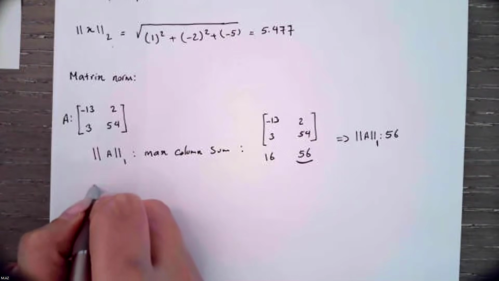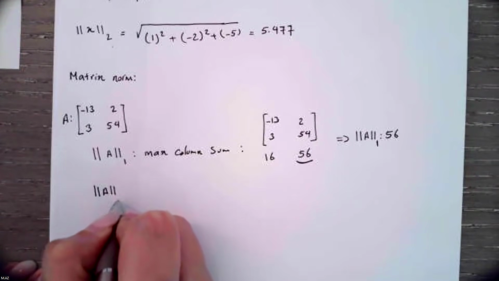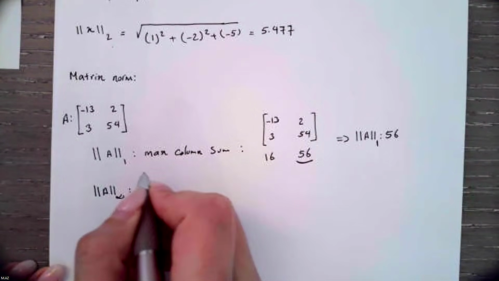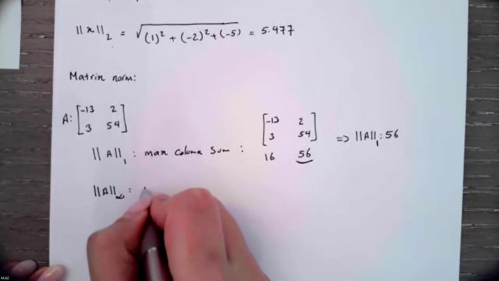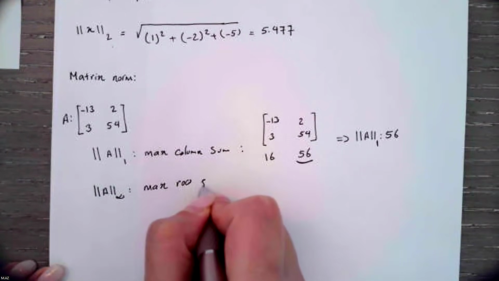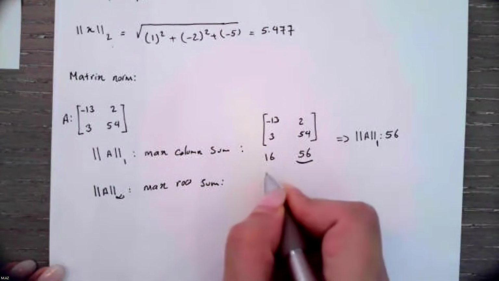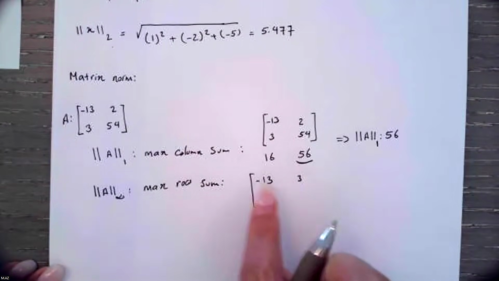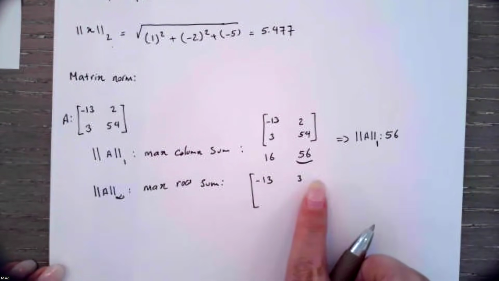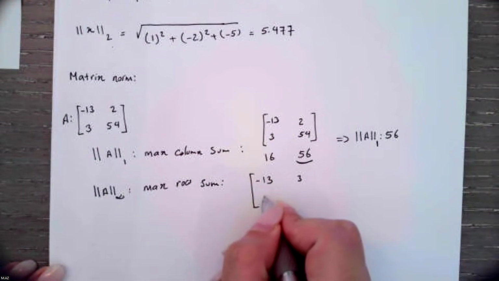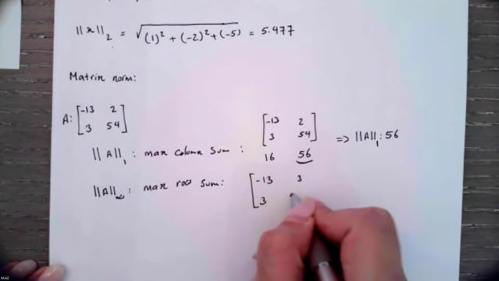How can we find the norm infinity of the matrix A? Another name is the maximum row sum. It means we are adding the absolute value of each row separately, and then we pick the maximum value.